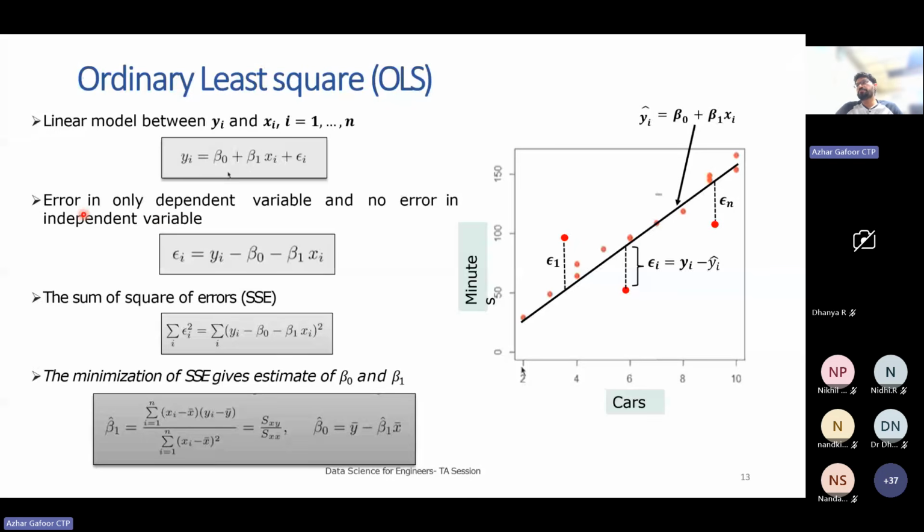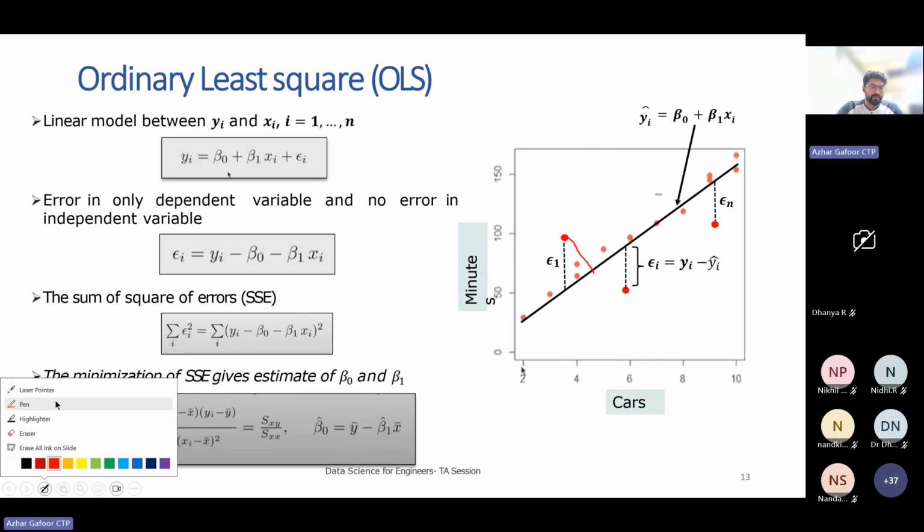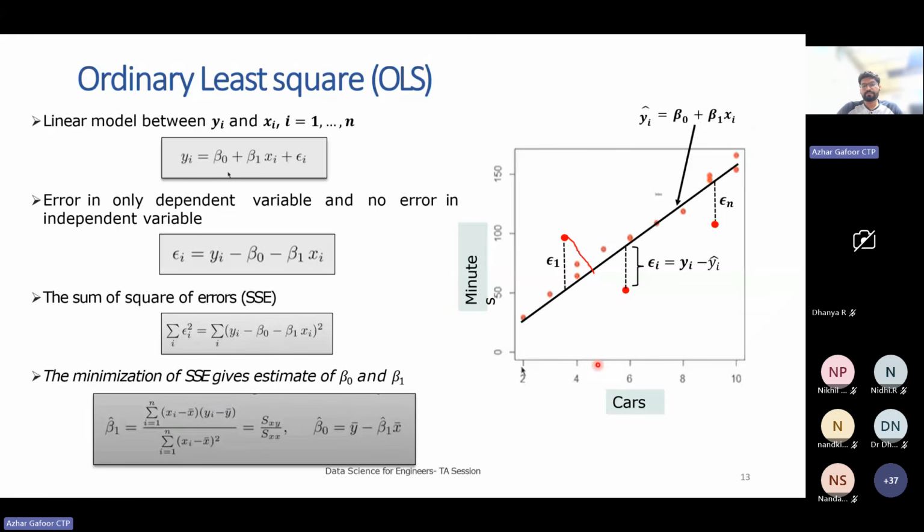You'll also be thinking, why are we taking the error along the y-axis? Why not take the error in this fashion, which is the least distance, because it's perpendicular to this black line? But that is because the uncertainty or the error is only in the dependent variable.